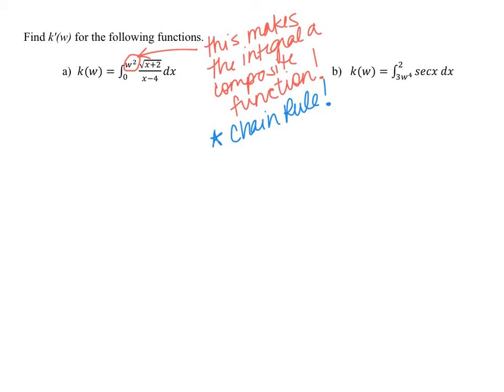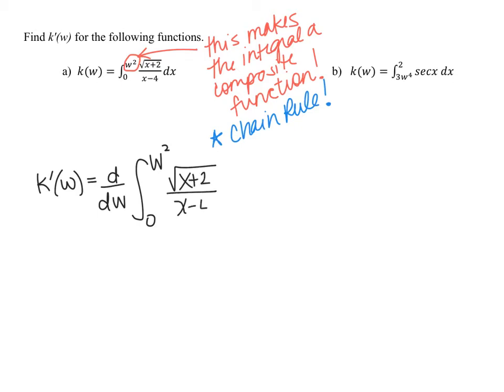So I'm going to write my k prime of w as the derivative with respect to w of the integral that we were given, which was the integral from 0 to w squared of the square root of x plus 2 divided by x minus 4 dx. So once again, I see that I am differentiating an integral.